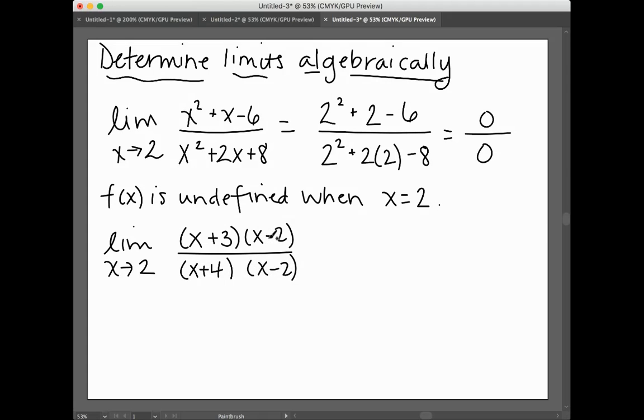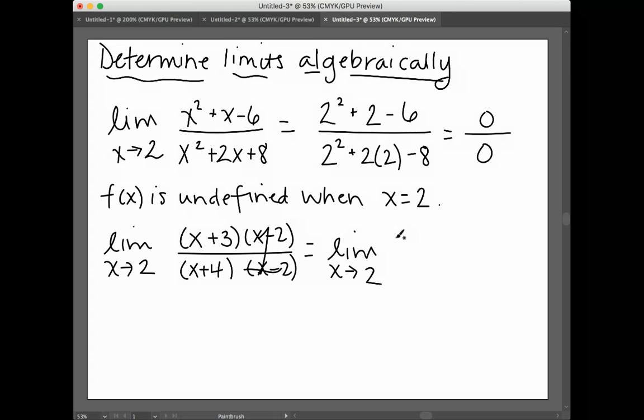As we're heading to 2, when x is not 2, this is just 1. When x is 2, we have a problem, but in pre-calc, we said this is just 1 as long as x doesn't equal 2, and we're not even really worried about x equaling 2 now, because we're just taking the limit as x approaches 2.